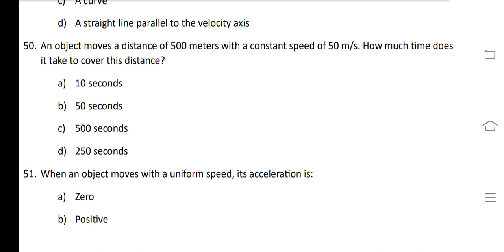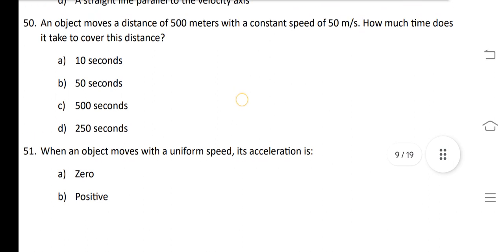So in the next question, it is given an object moves a distance of 500 meters with a speed of 50 meters per second. Then it is asked that calculate the time. Speed is given that 50 meters per second.